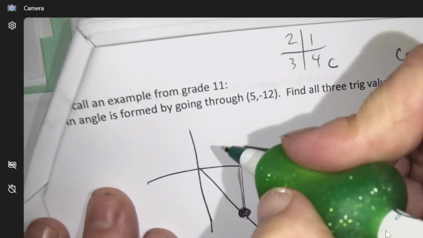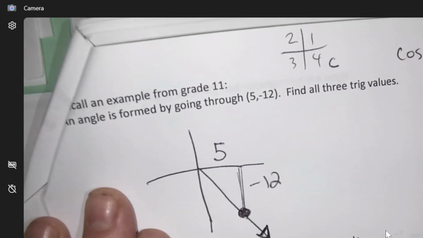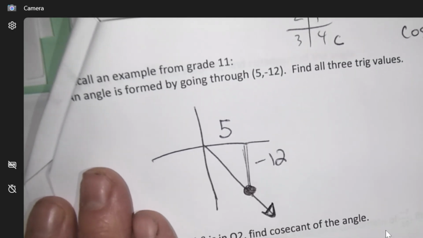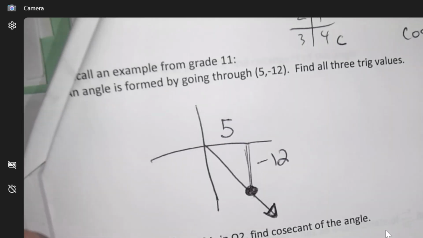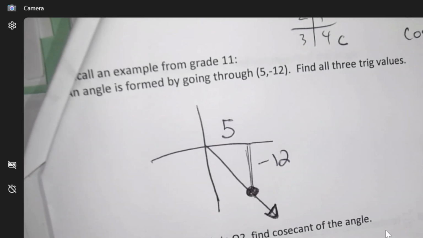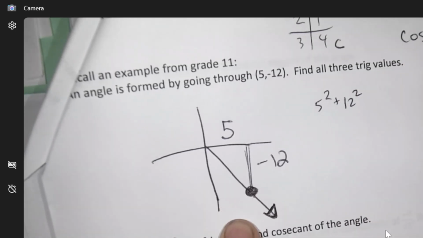Okay, so we're going to go 5, negative 12. Can you get me a radius on that circle? What do I always say about this trig stuff with negatives? Don't include negatives in your math. Put the negatives in its location stuff, right? So I would just be doing 5 squared plus 12 squared.